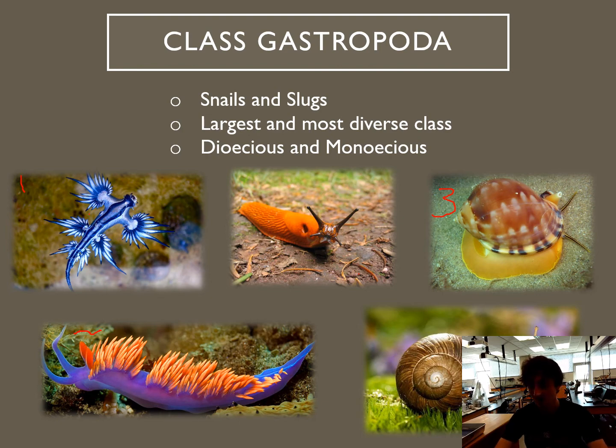One of the most common ones where I'm from in Maryland is called a periwinkle. I don't know if you guys have them around here. I haven't seen any. Those are small snails that look kind of light gray with a really spiraled shell, and they sit on these grasses at low tide.